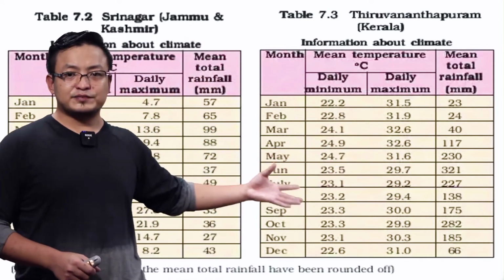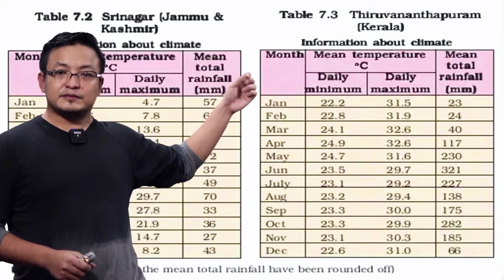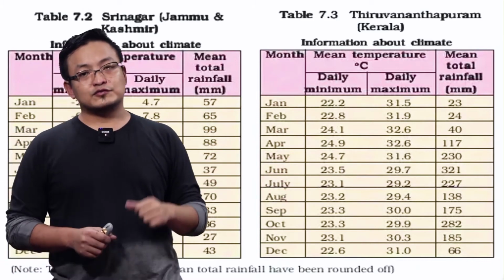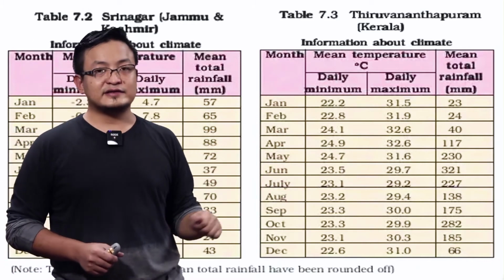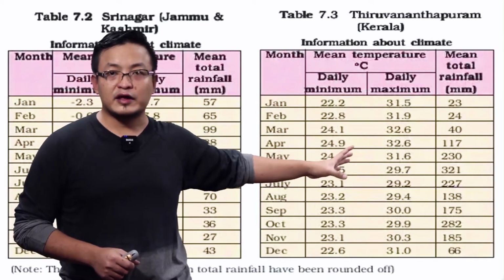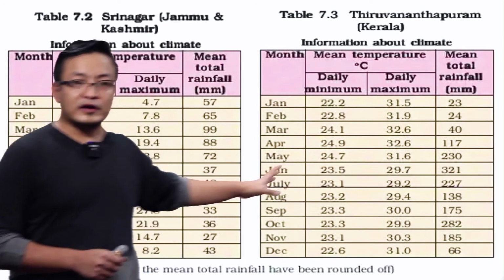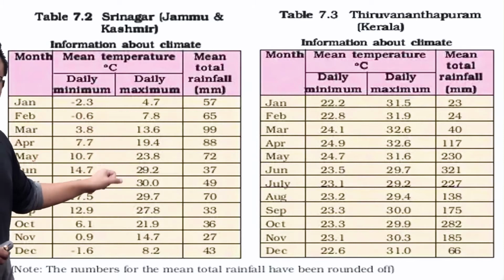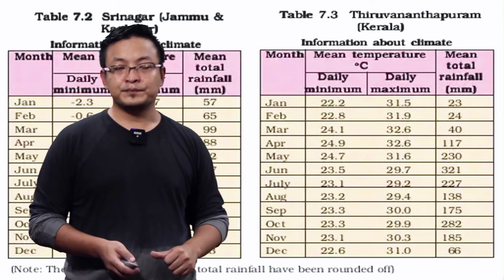And the maximum temperature is high, right? So students, we say that the climatic condition of Thiruvananthapuram is hot and wet, whereas the climatic condition of Srinagar is moderately hot and wet. Okay, moderately hot and wet.